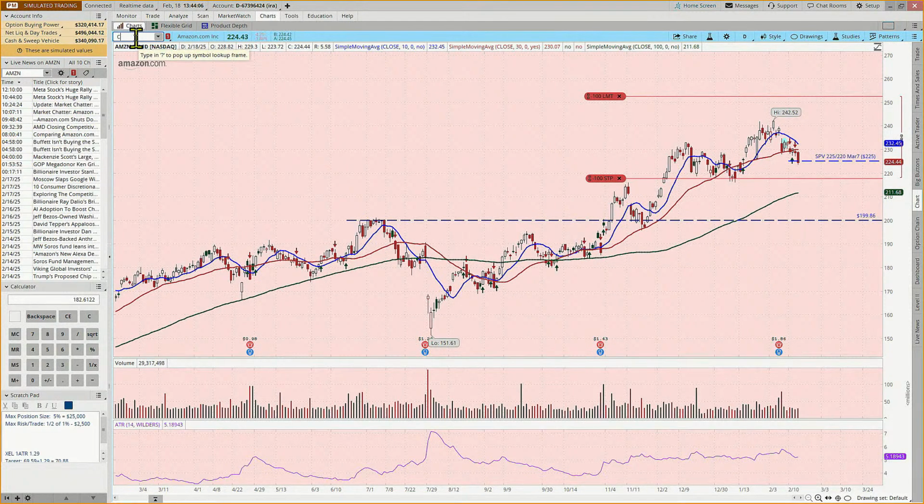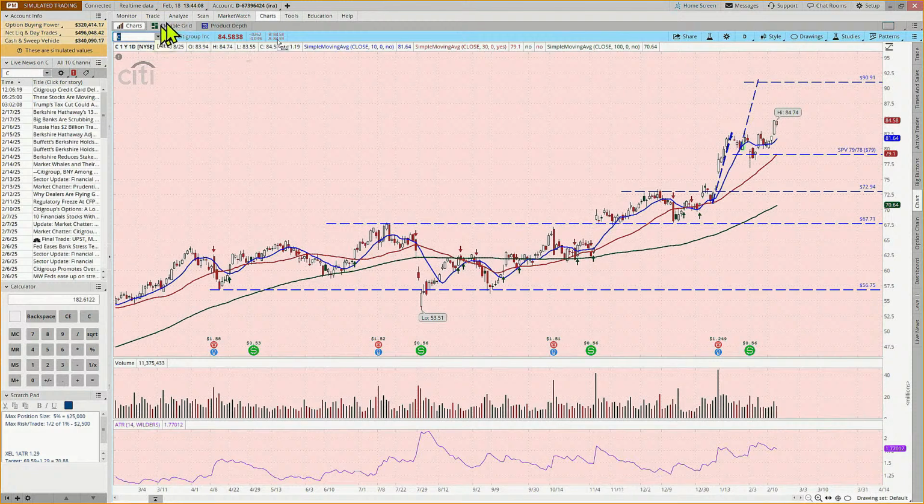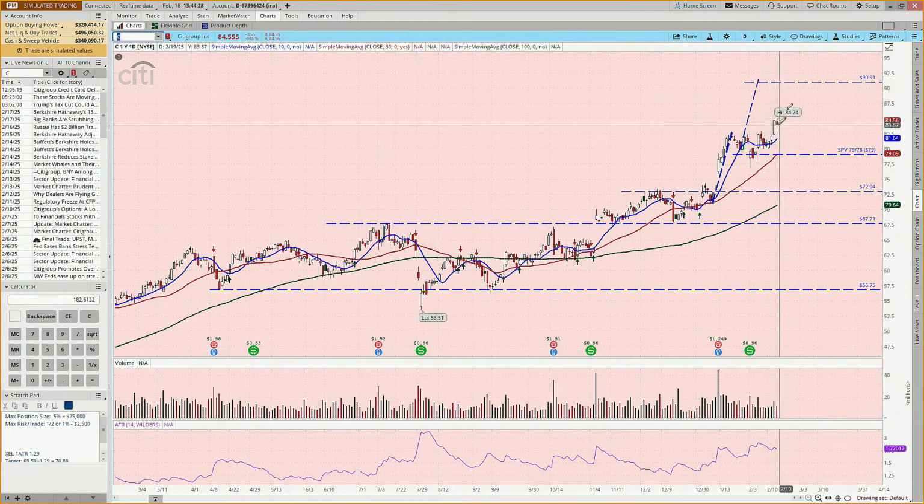And how about Citibank? We had done an example with 3 trades on this a short time ago. But did this pull back and is it moving to the upside? And this wouldn't be a candidate for a swing target in that it's hitting an all-time high today. But could we do a flag target on this?